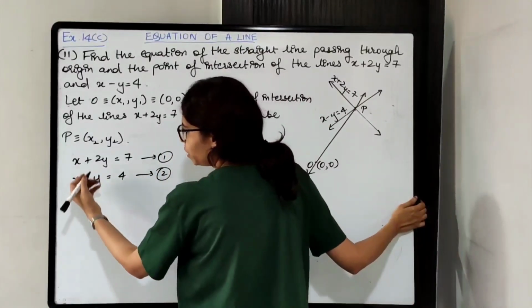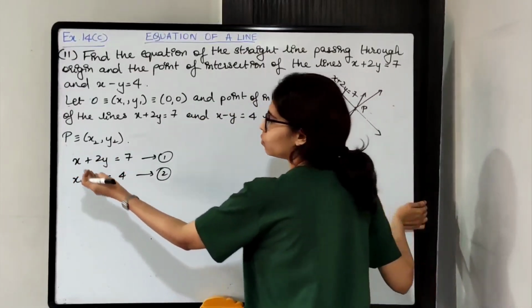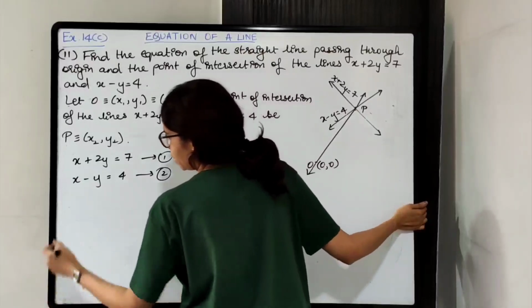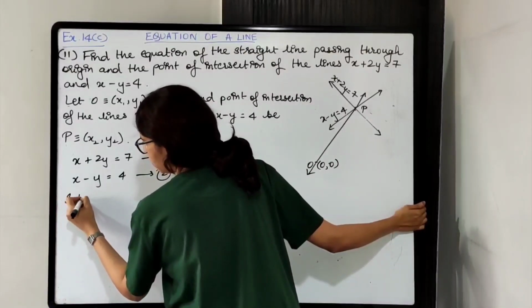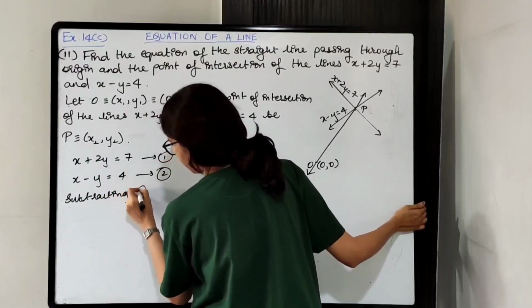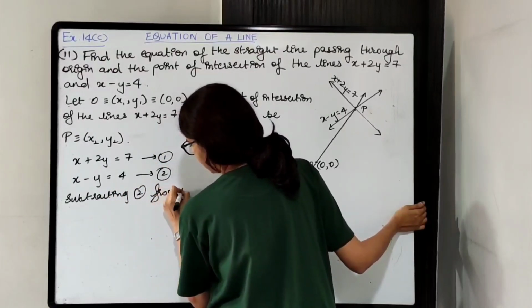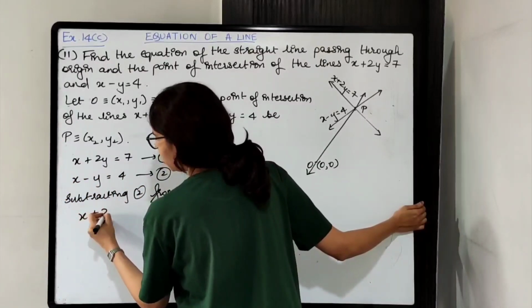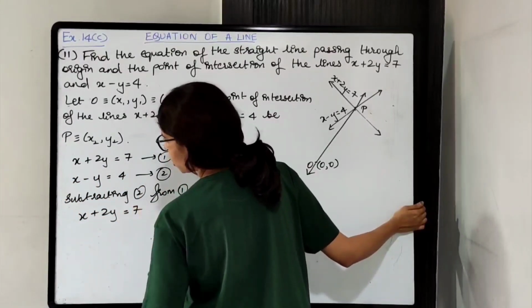Now we'll solve the two equations. I'll be subtracting, so on subtraction x will get cancelled. We'll get the value of y. So subtracting 2 from 1, first I'll write down 1 because I'm subtracting 2. So the signs of 2 will change.